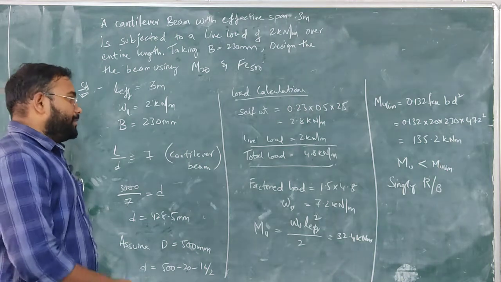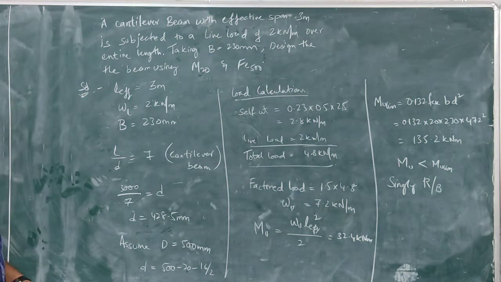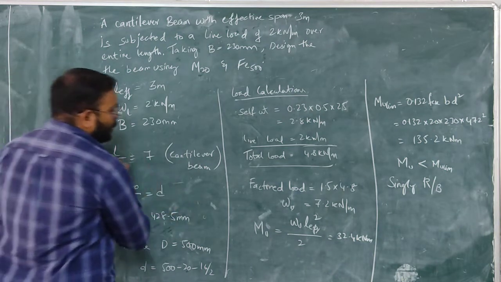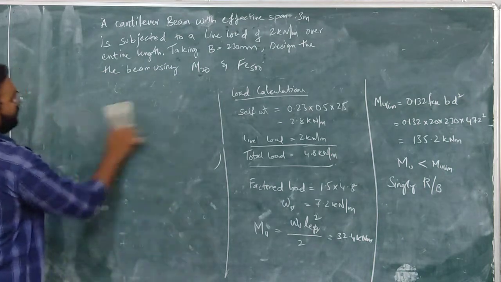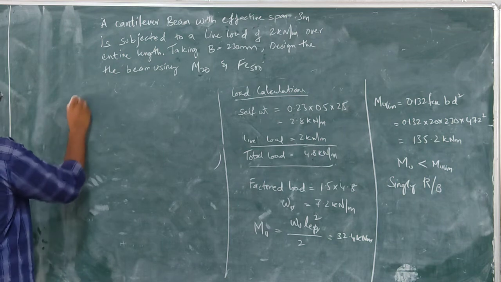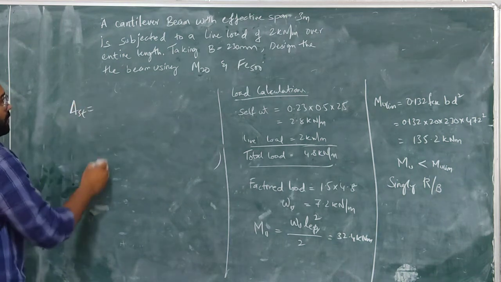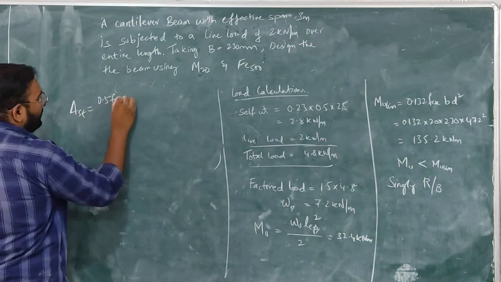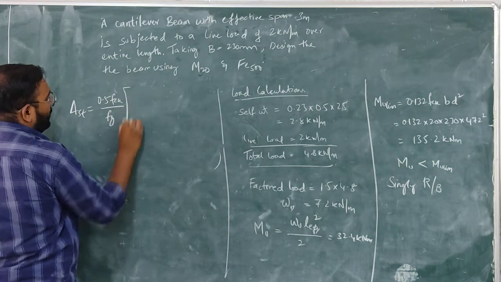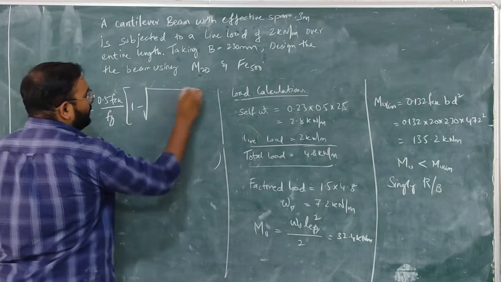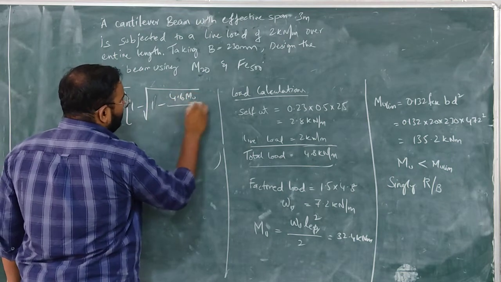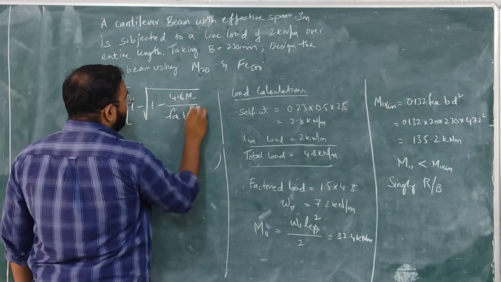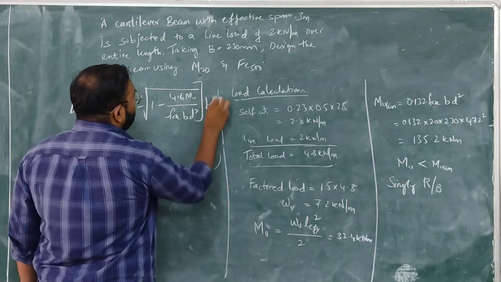Singly reinforced beam. The next step will be calculation of the area of reinforcement. Area of reinforcement Ast is equal to 0.5 fck by fy into 1 minus root of 1 minus 4.6 Mu by fck bd square into bd.